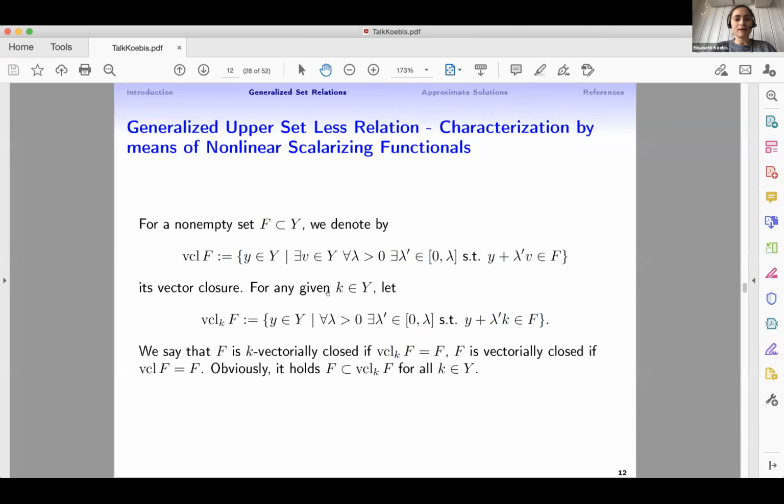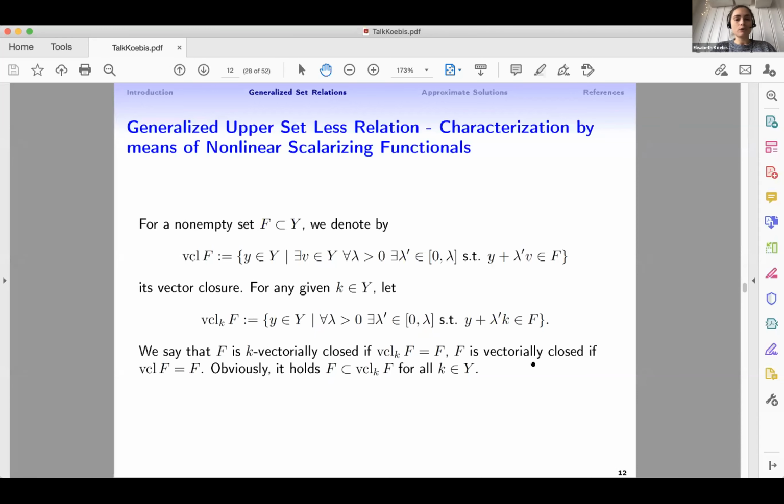If we have given a vector K in Y, then we also define the vector closure of F with respect to this vector K, which is given in this definition. So this is the set of all Y such that for all lambda bigger than 0, there exists a lambda prime in this interval here, such that Y plus lambda prime multiplied by K is again in F. Furthermore, we say that F is K vectorially closed if the vector closure of F with respect to K is F itself.